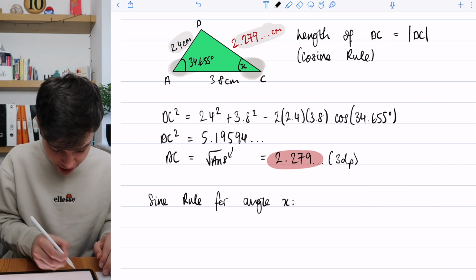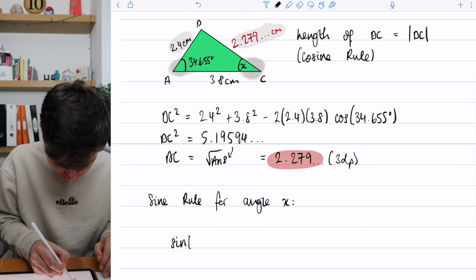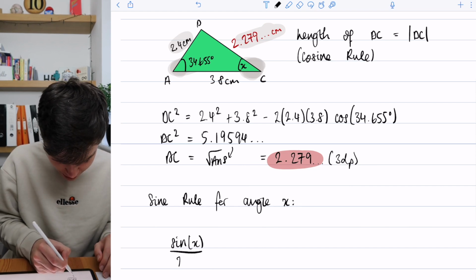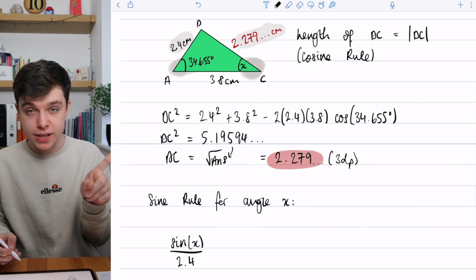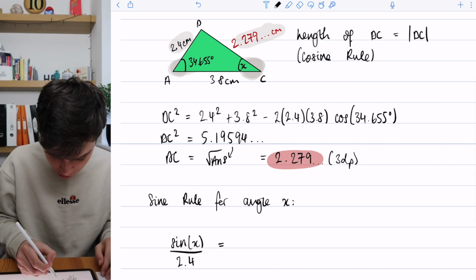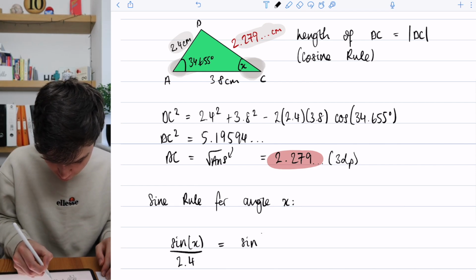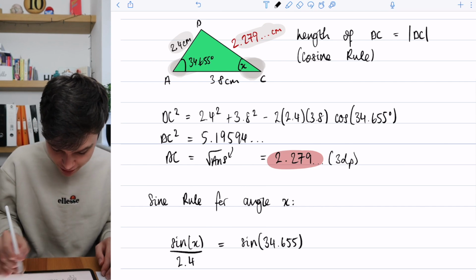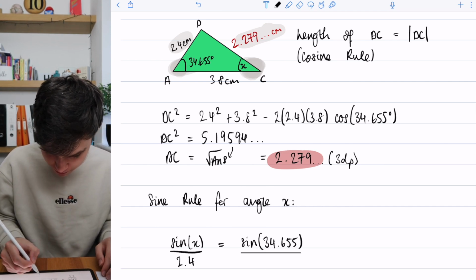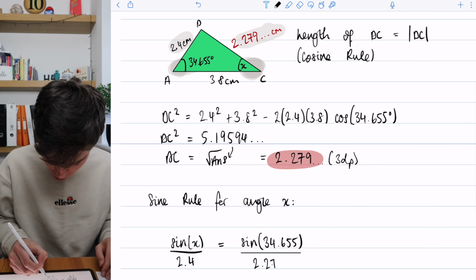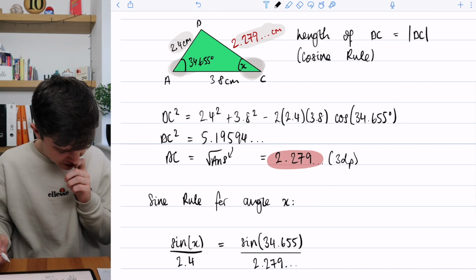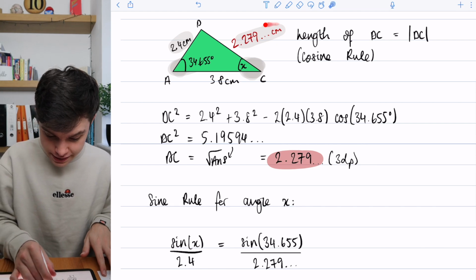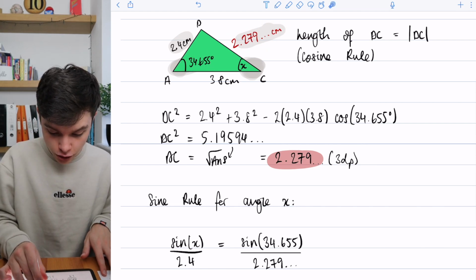Let's do that. We're going to have sine of x divided by 2.4, that's the opposite side, is equal to sine of the other angle, which is 34.655, divided by 2.279..., because that is the opposite side to that angle.